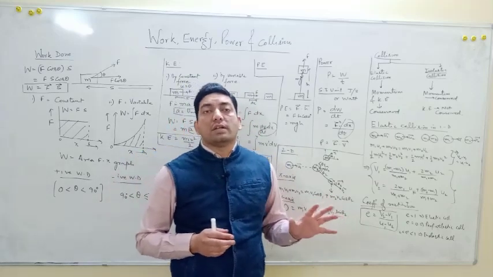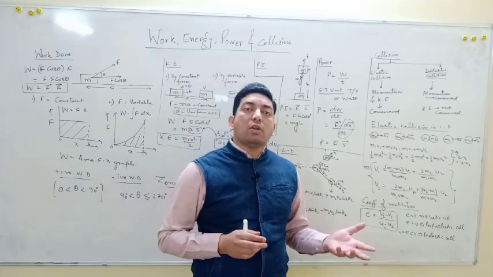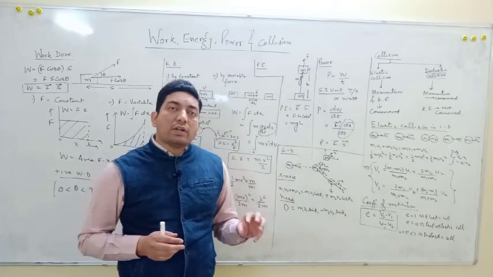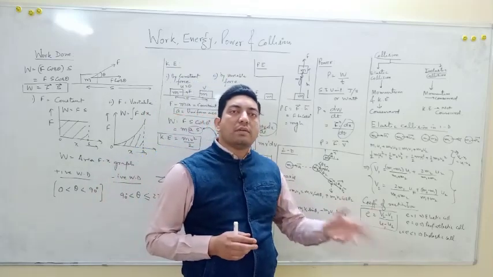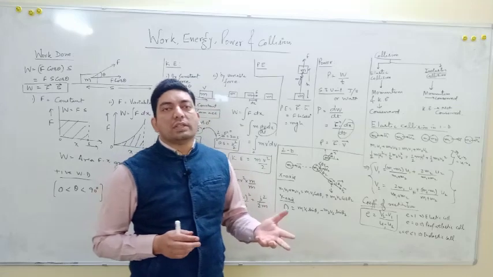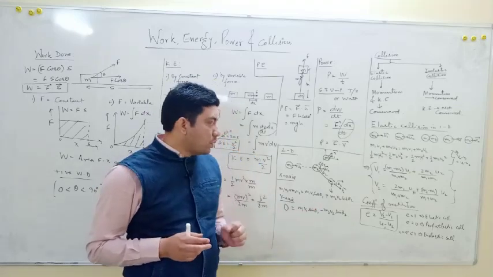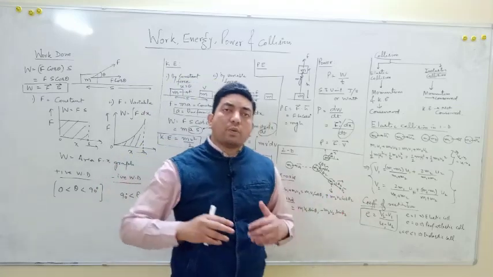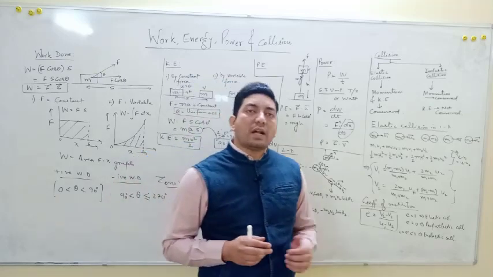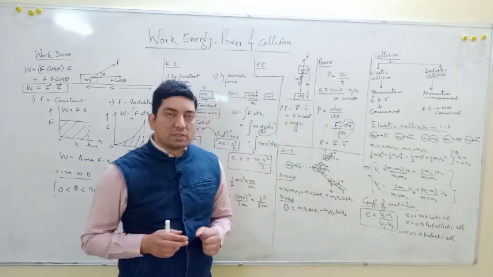Kinetic energy will not get conserved. You can easily calculate the loss in kinetic energy by calculating initial kinetic energy minus final kinetic energy. When two bodies after collision stick together and move together, then that is called perfectly inelastic collision.